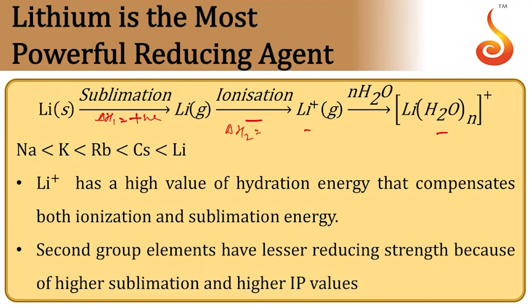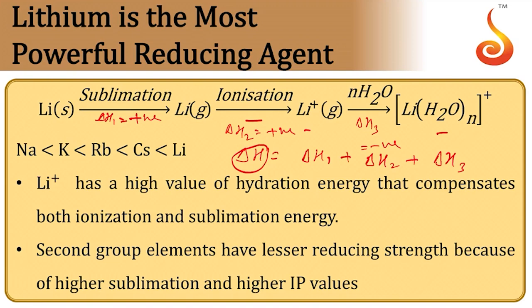Ionization also is an endothermic step, so delta H2 is also a positive value. Only delta H3, hydration, will be a negative value. And then the result depends upon the sum of all these energy values. The total delta H is given as delta H1 plus delta H2 plus delta H3.